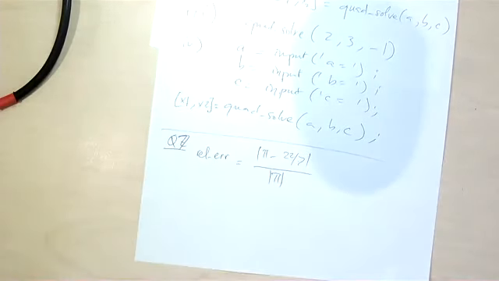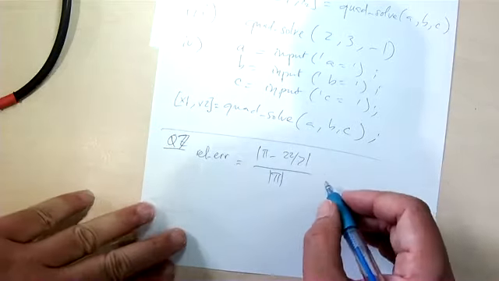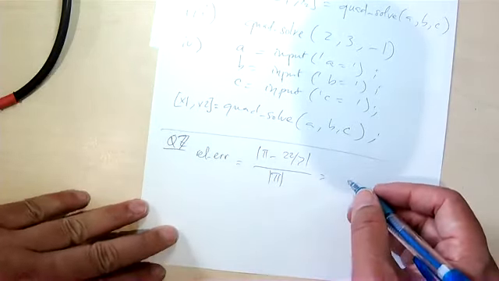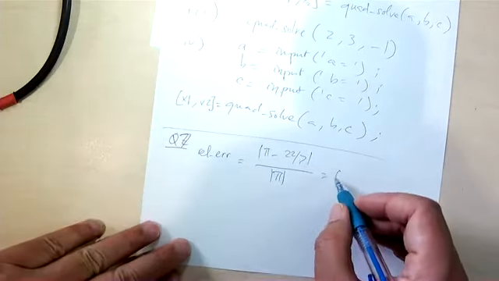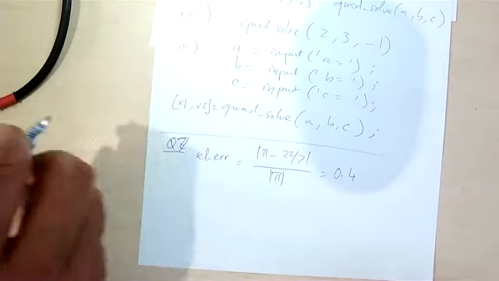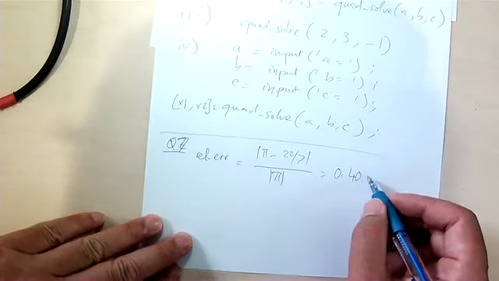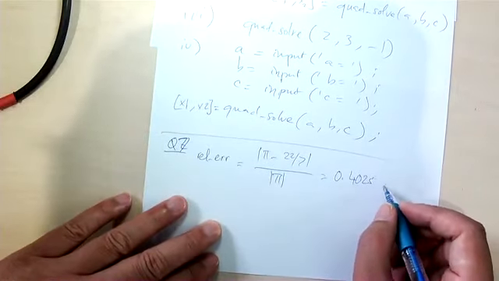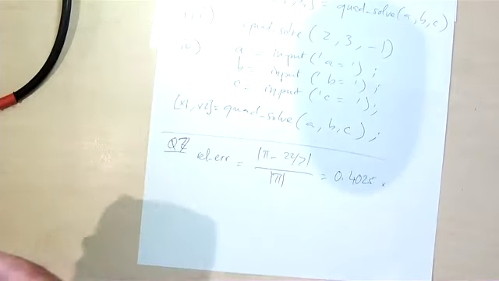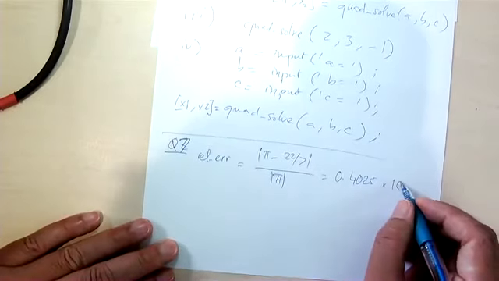For this type of problem, you need to put it in your calculator, okay? And then you have some number, so just put it in. Here I did some calculation and I have 0.4 times 10 to the minus 3. Just verify the calculation, okay?